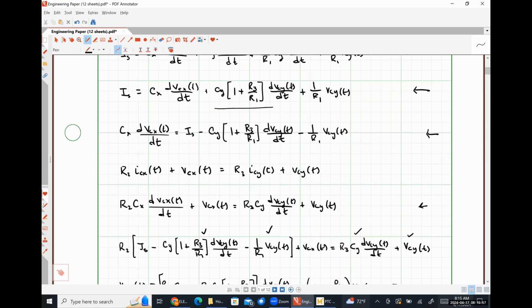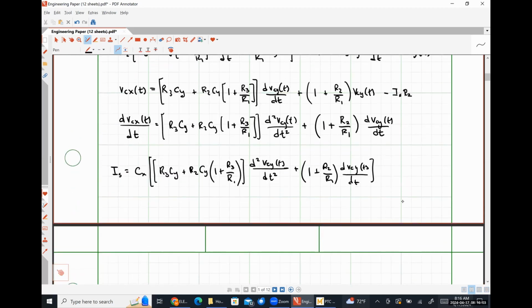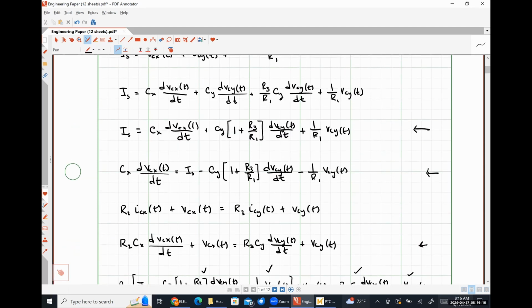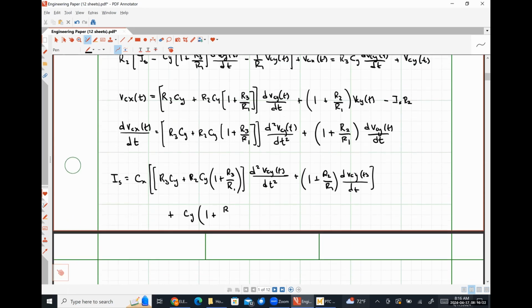Now I'm going to add these guys in. So CY times 1 plus R3. I'll just continue on down here. So that was 1 plus R3 over R1.